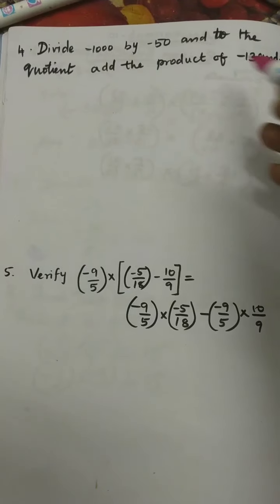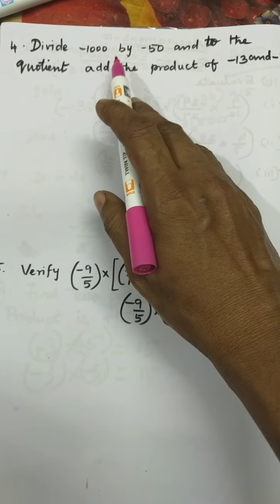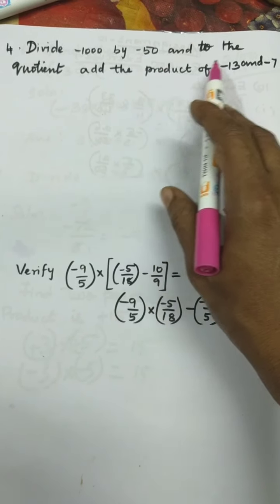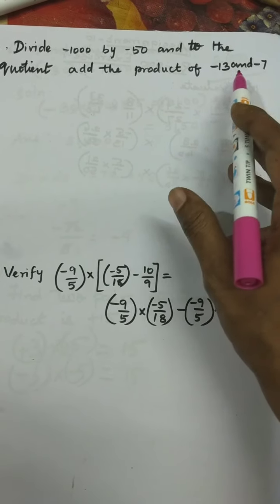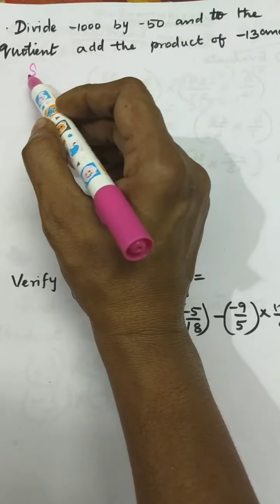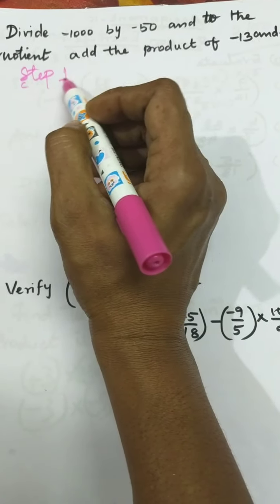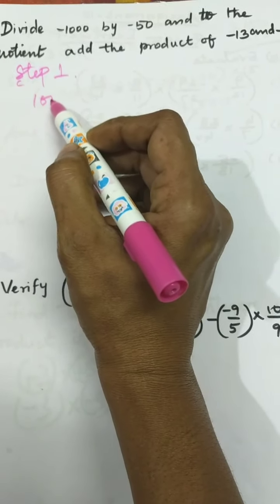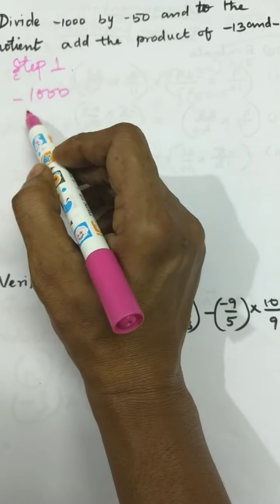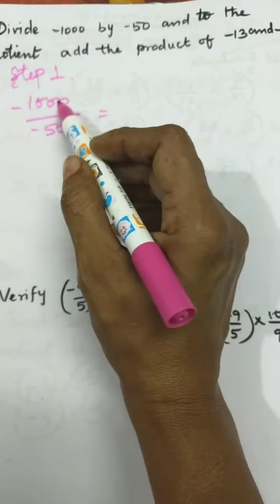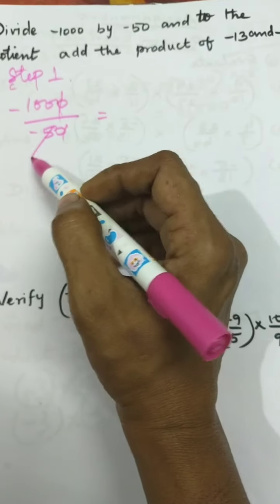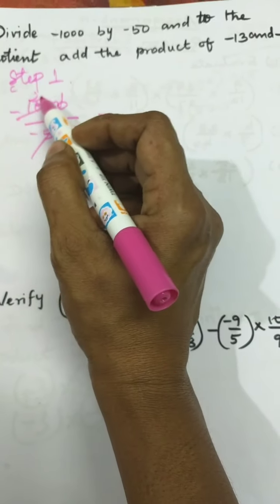Okay. Then divide minus 1000 by minus 50 and to the quotient add the product of these two. Then step 1 is you have to divide minus 1000 by minus 50. That is equal to, you have to cancel 1, then 5 1 times, then 20.